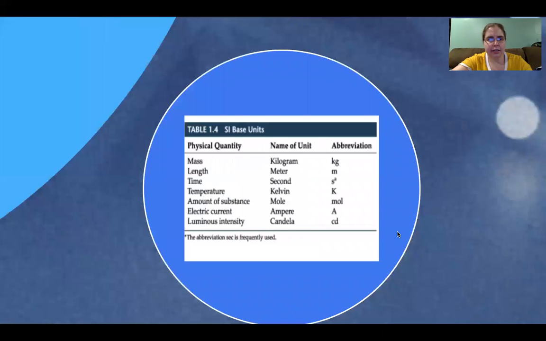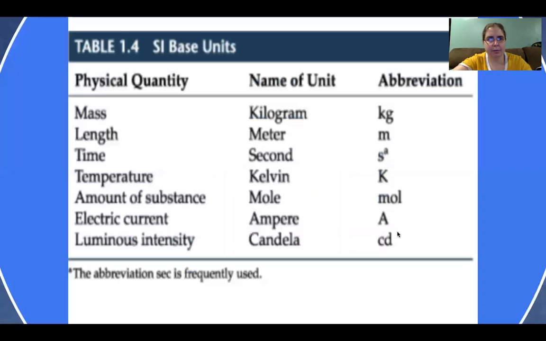Here are the 7 different units. We have mass, length, time, temperature, amount of substance, electric current, and luminosity, or luminous intensity. Now, we're not going to deal in my class right now with a whole lot of the luminous intensity and the amount of substance, the moles.